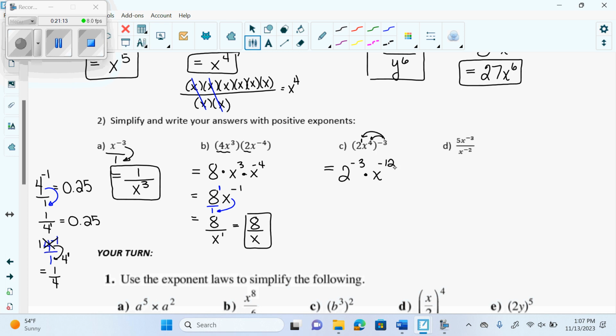Yeah. So they're both going to have to move to the denominator. Move down here and make them positive. So I'm going to get 2 to the 3, x to the 12. What's the catch if the whole numerator moves to the denominator? What's left in the numerator? A 1. And then we can actually do 2 to the 3, which is 8, x to the 12.